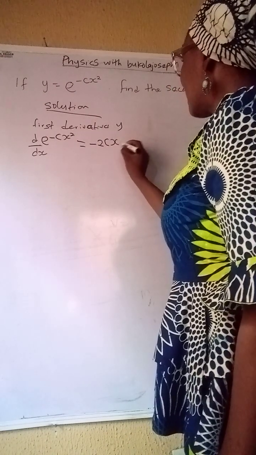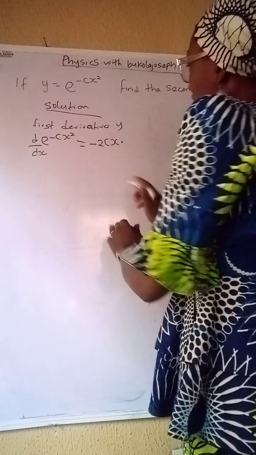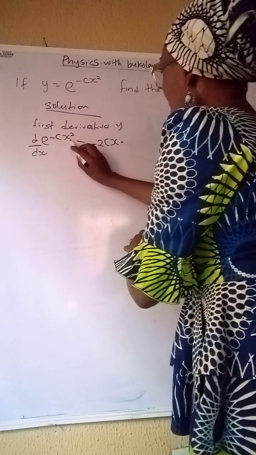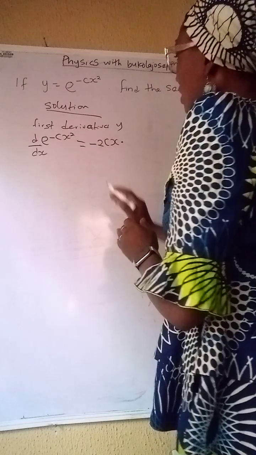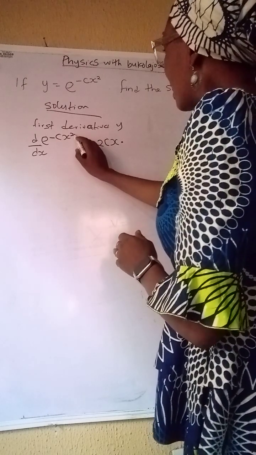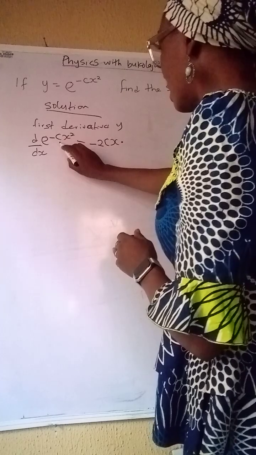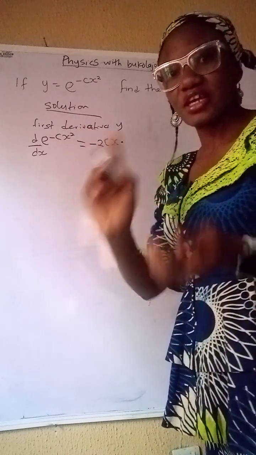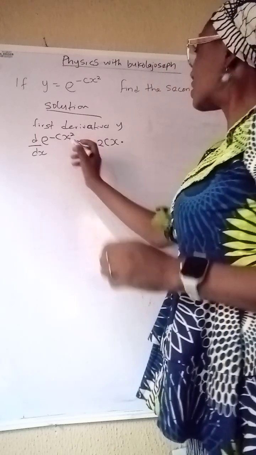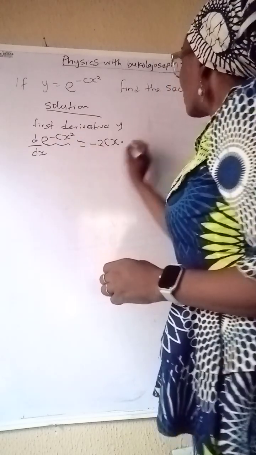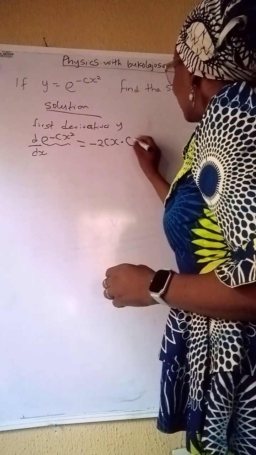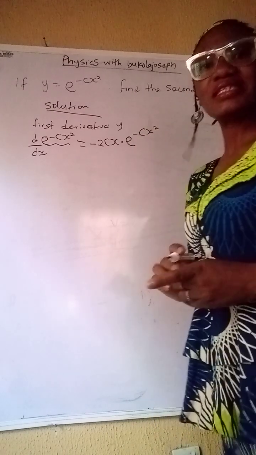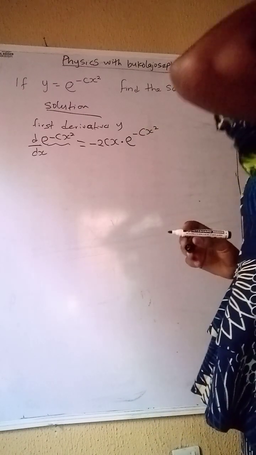That's 2 times minus cx. You know how we got x: 2 minus 1, we multiply by the power and then remove 1 from the power. Because that's the law of anything exponential, you are still going to multiply by the exponent, so we multiply by e^(-cx²), and this is the first derivative.